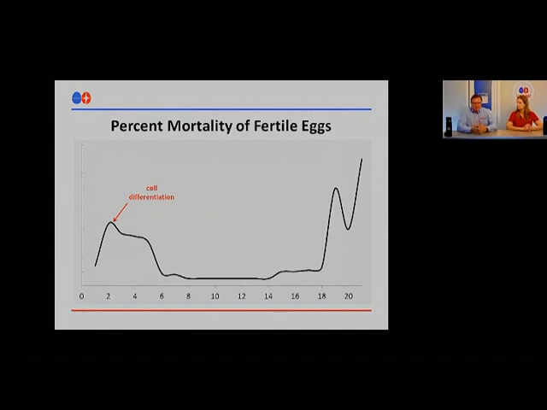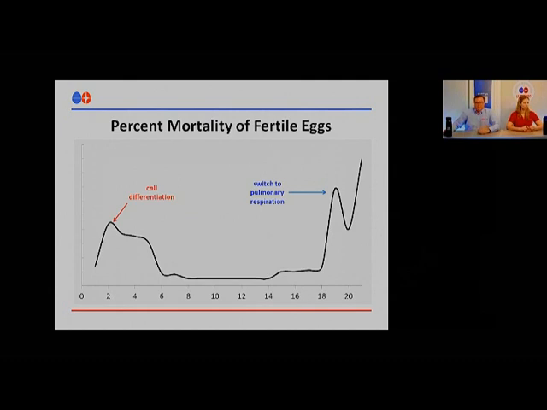Because it's a biological system, you never say never, you never say always, because something's always going to go wrong, but everything can't always go wrong. But this is when we're going to see some deaths due to just biology. We have a biological system. We're trying to mimic nature, but we can't necessarily mimic it exactly all the time.